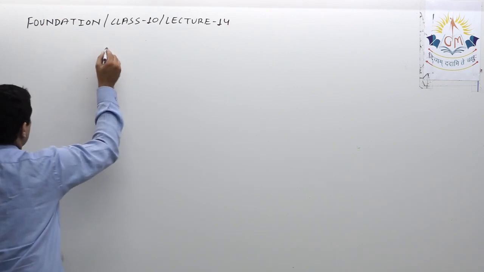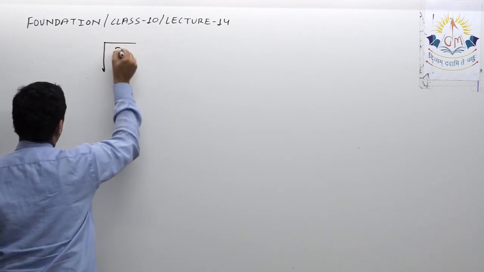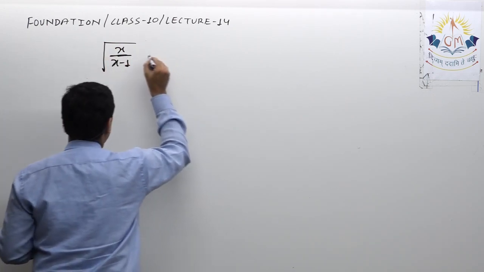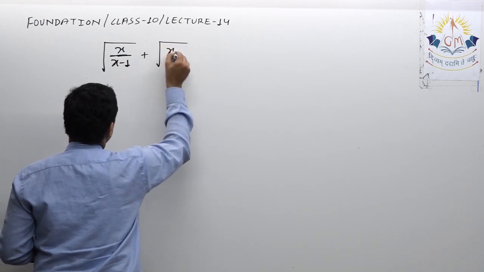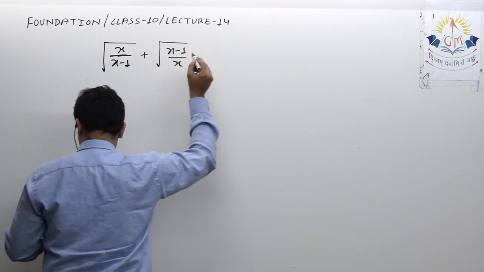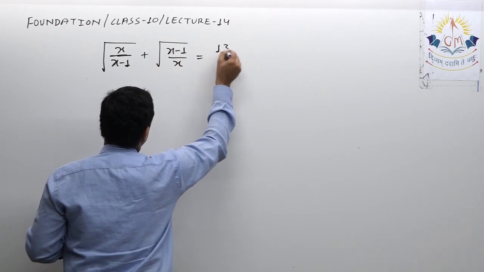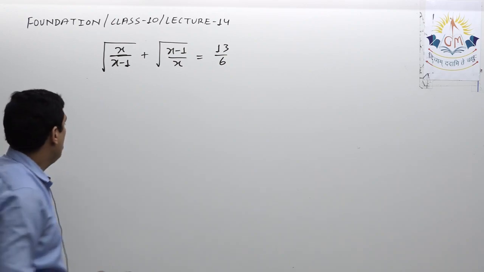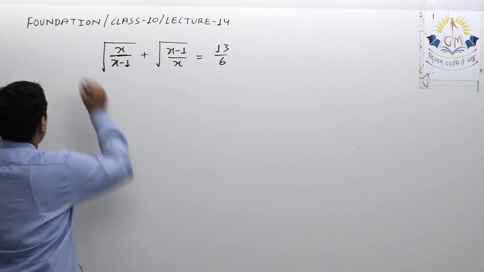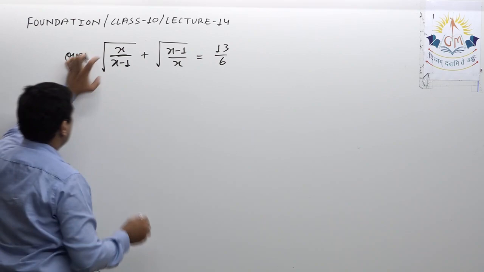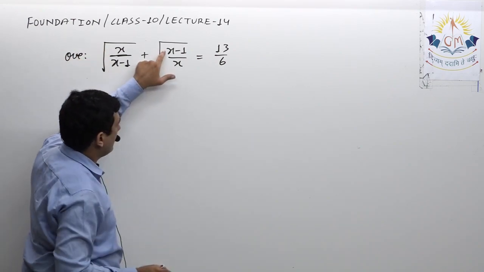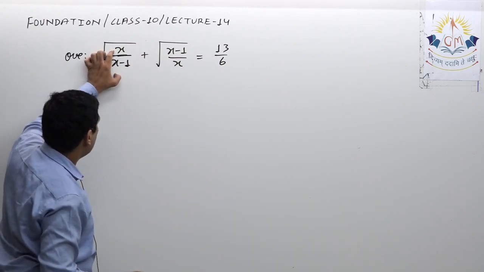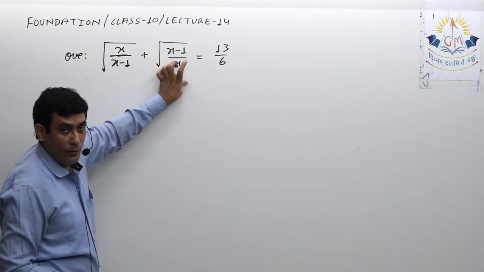So here we have the equation root over x upon x minus 1 plus root over x minus 1 upon x is equal to 13 upon 6. So you have to find the value of x. See over here, if you observe these terms x upon x minus 1 and x minus 1 upon x are reciprocal of each other. So if I consider this as y, this will become 1 upon y.